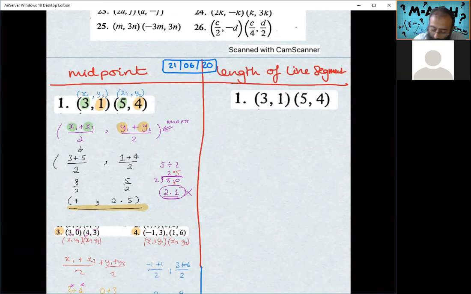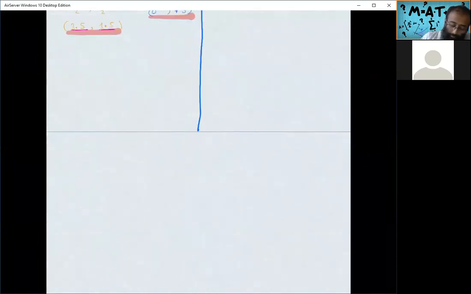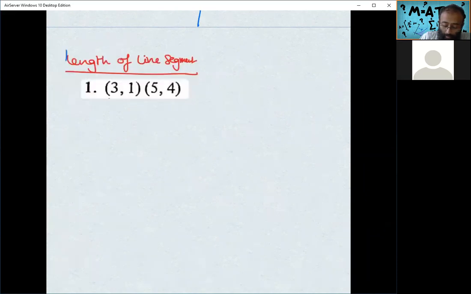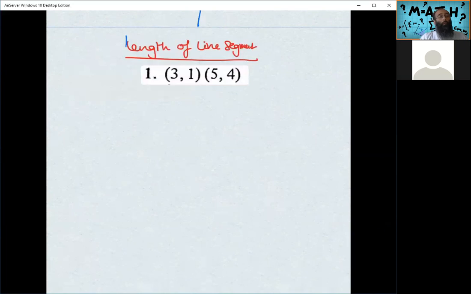Add page. There we go. So we are going to paste. That's better.